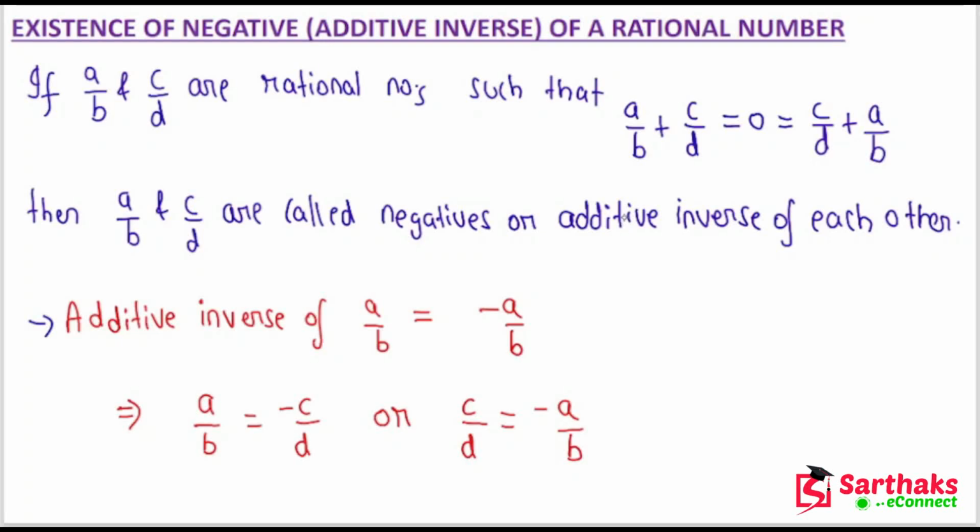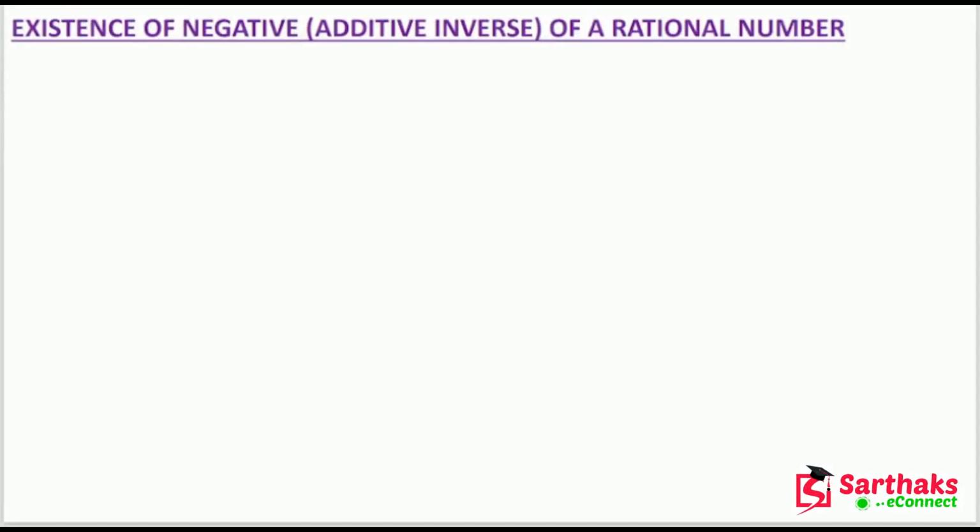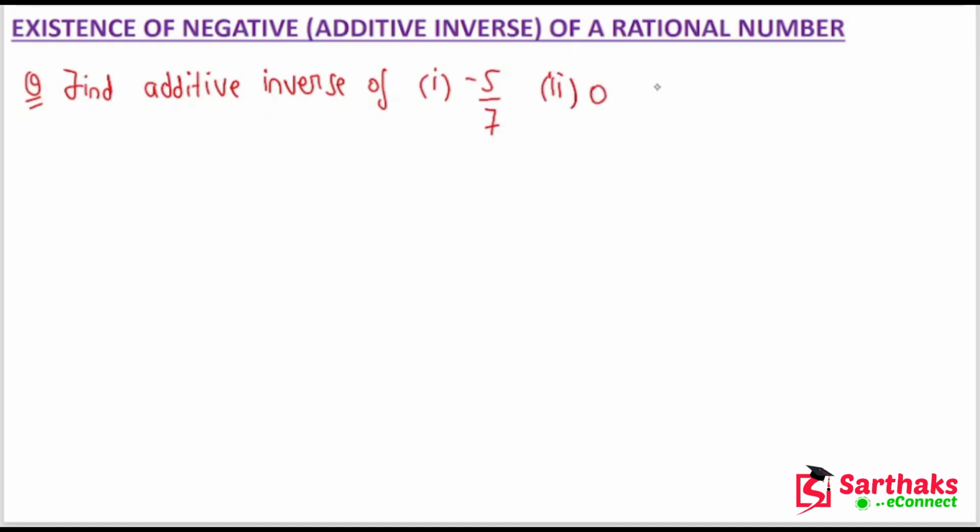Okay, now let me give some examples and illustrate this. Let us find additive inverse of, first, minus 5 upon 7, second, 0, and third, 1 upon 2.